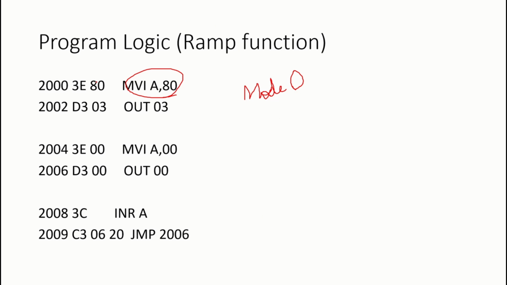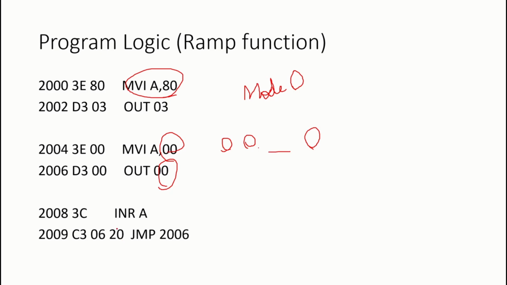Now let's look at the ramp function. So the ramp starts from 00, which is the lowest value, and then it sends this value to port A, which is again represented by 00H, and the DAC then receives this value, which is 00. Since there are 8 pins in the DAC, it would receive 0 eight times, basically the binary number 0 for an 8-bit number. And after this, it produces the minimum analog output voltage, which is 0 volts.